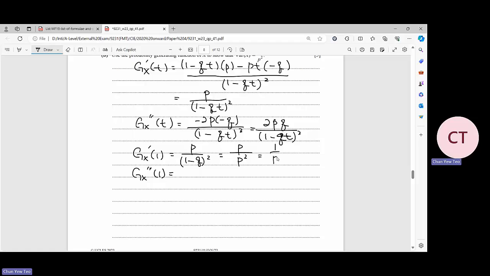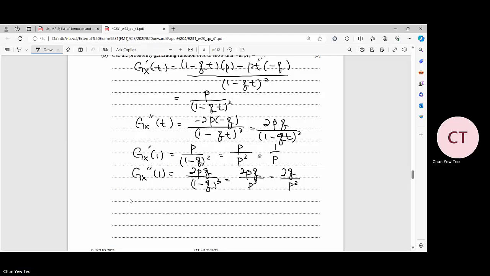So it's 1 over p. So this one will be 2pq over 1 minus q square. So it will be 2pq over p square, p cube. So it will be 2q over p square.